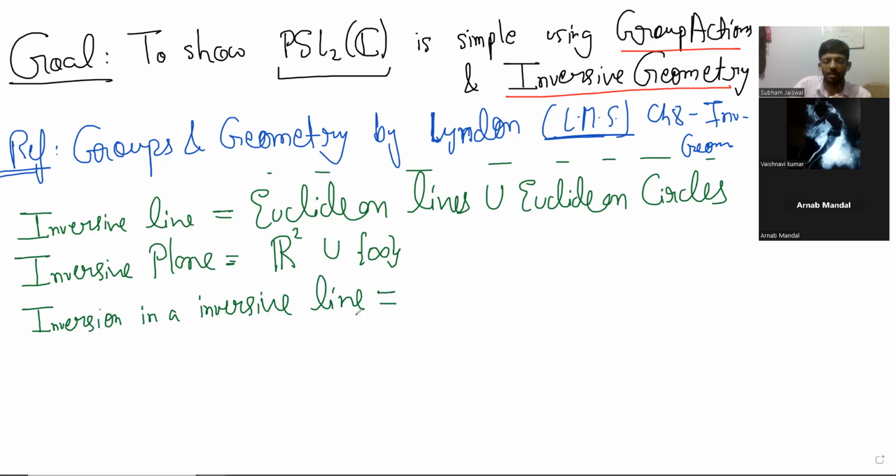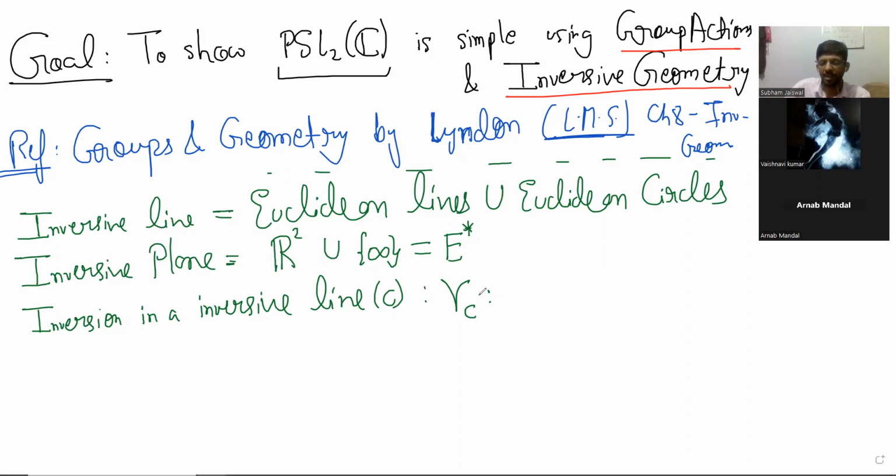So what is this? This will be a function. Let me call this line C, and this function I'm denoting by gamma C. Let me also call this E star now. E is sort of Euclidean, and star is Euclidean plus a point.